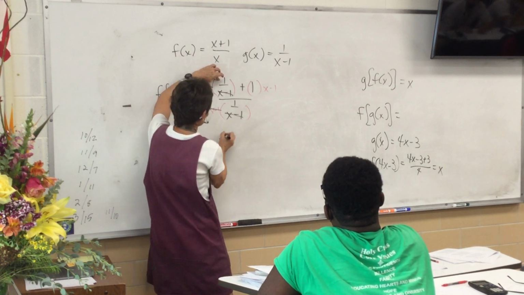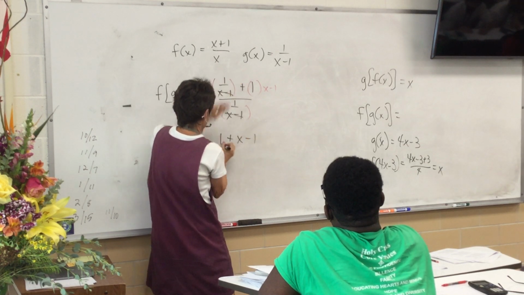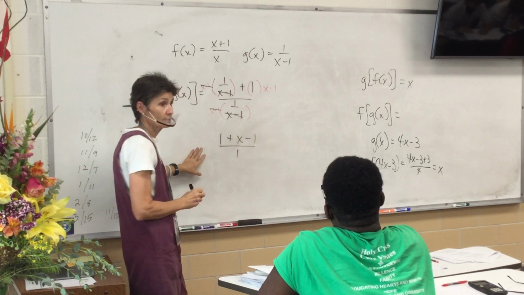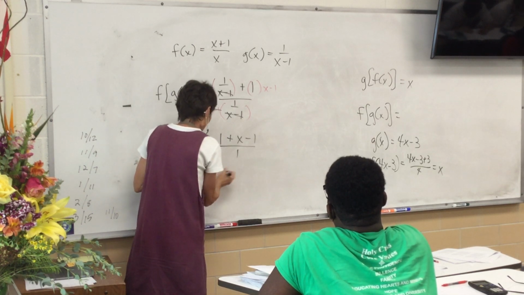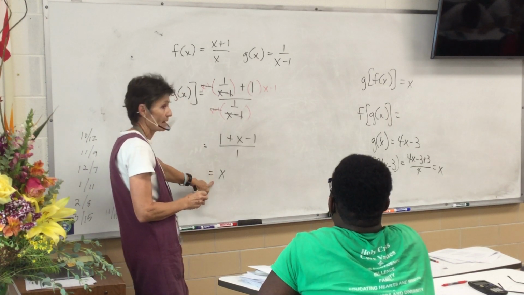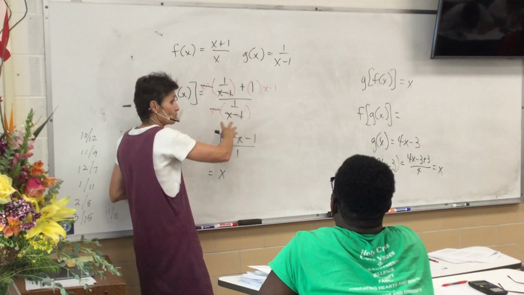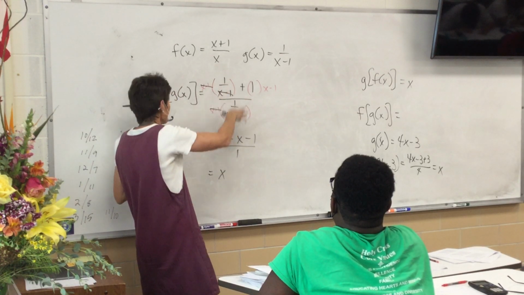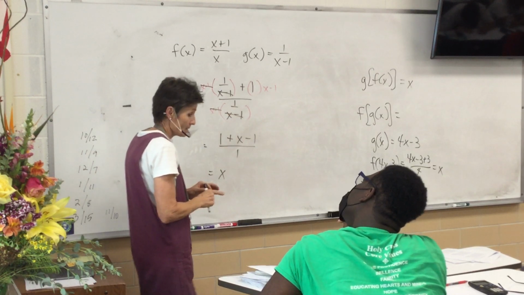And I'll be left with 1 plus x minus 1 over 1, which is x, which is exactly what I needed to have happen. I started with an x, I gotta end with an x. Now again, you can clean that up however you want. This works out easiest for me.